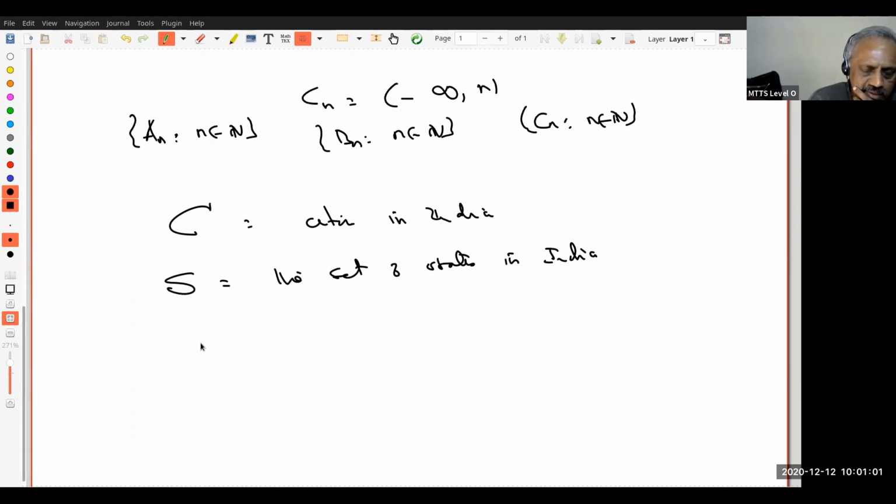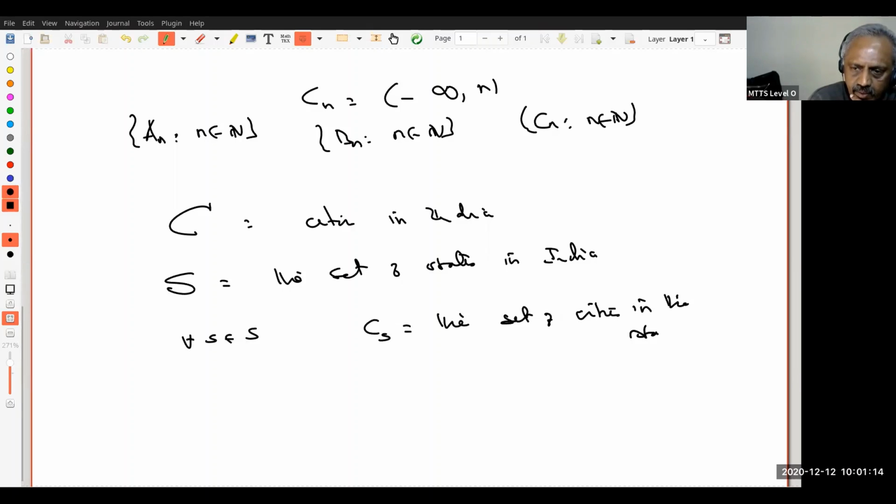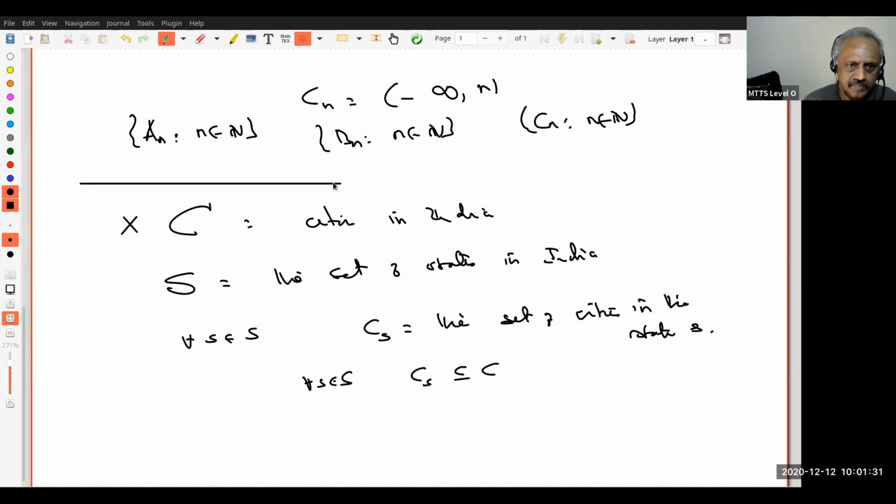Then for each s in S, I can denote by C_s the set of cities in the state. You understand this? This is like your X. Therefore, C_s is going to be a subset of C for every s. And you see that in the indexed family it has nothing to do with numbers or anything.